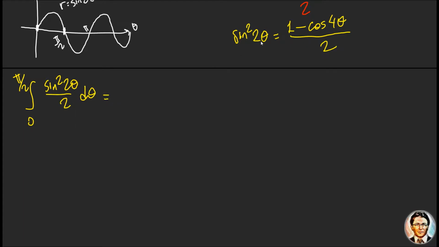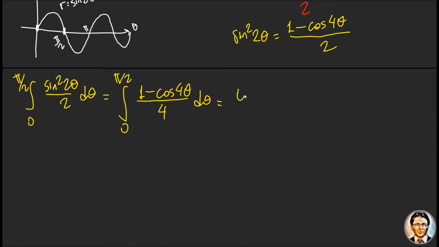Just replace sin² 2θ with this expression. You will get (1 − cos 4θ)/2 over 2, so it will be over 4 dθ.